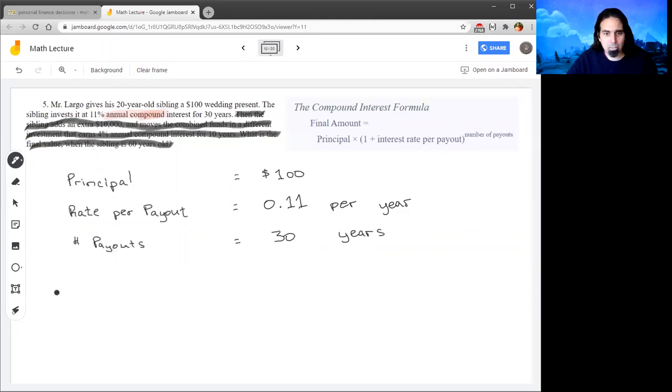So now we can plug everything in. As before, if I'm adding 1 to a tiny number, I don't actually need parentheses. I just put a 1 in front of it.